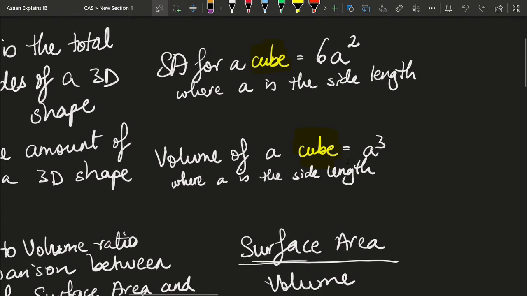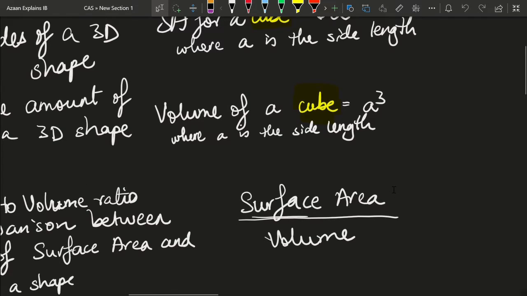For volume, because a cube has the same length everywhere, you can just cube the value. But if you're given a cuboid, you multiply its length by its height by its width.